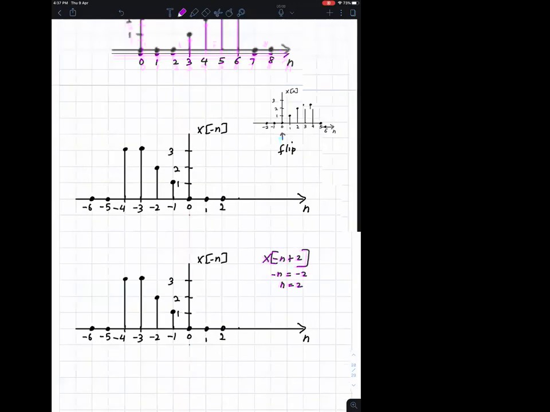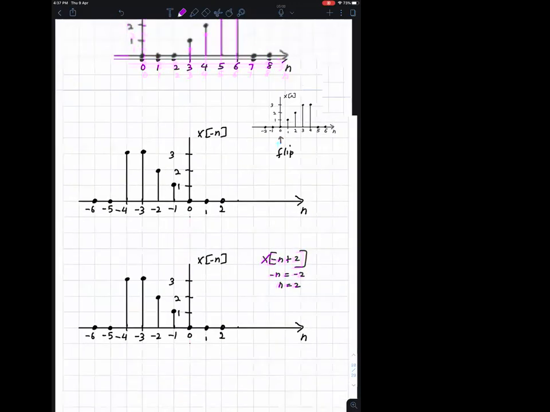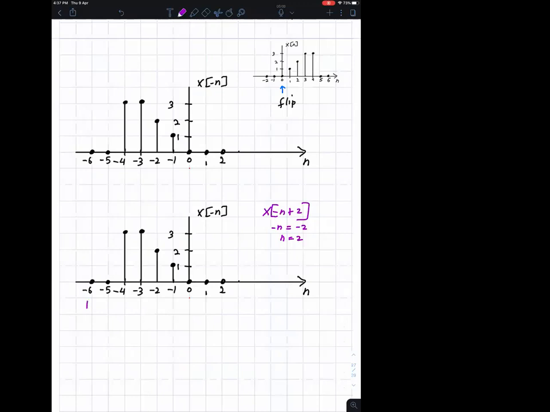So we're going to add plus 2, plus 2, all the way up to here.